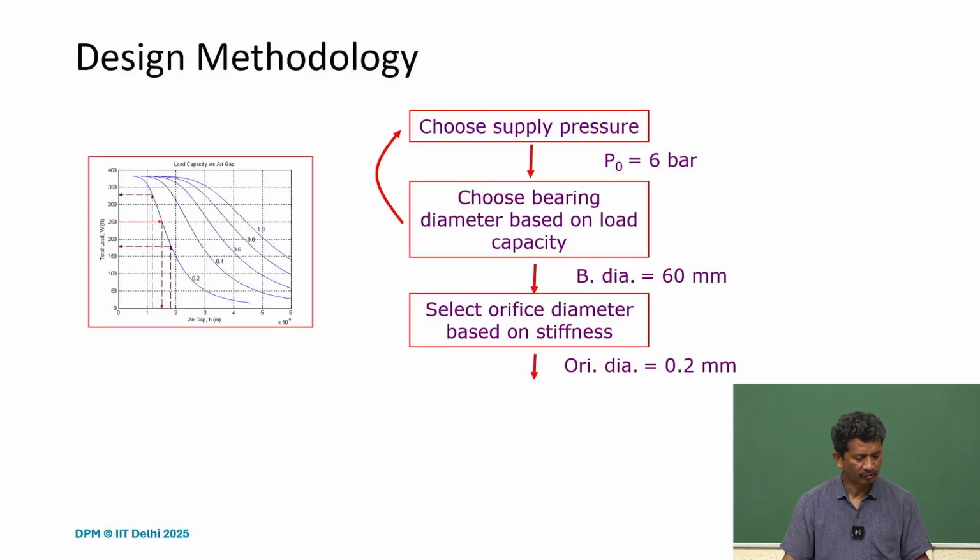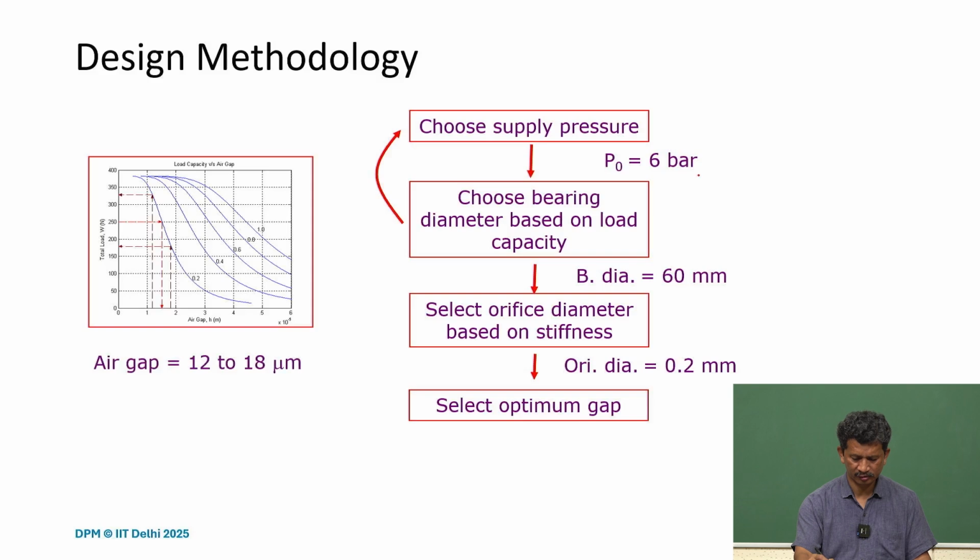Moving on, once we check these given parameters, supply pressure, bearing diameter, and orifice diameter, and look at the total load capacity and air gap, we realize that the optimum air gap is from 12 to 18 micron.